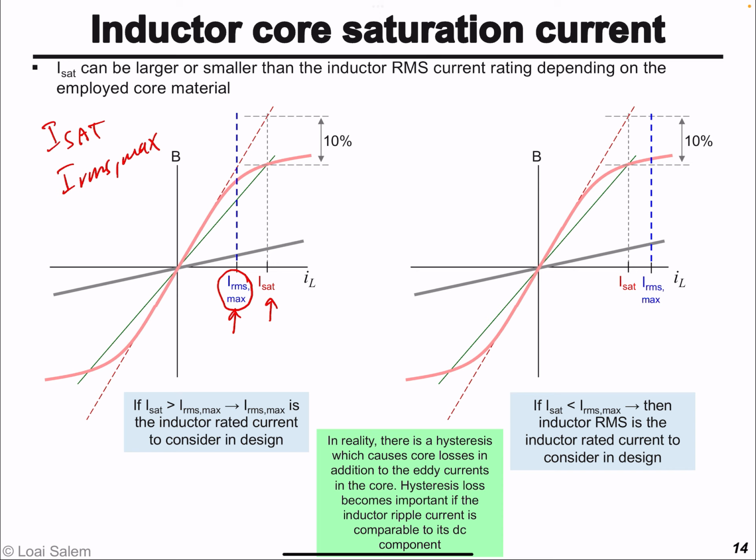In some other cases, you'll find that the saturation current happens before the RMS current rating. So in this case, the core saturation current defines the maximum current that this inductor can handle. Okay. So remember, we don't use both as a rating. We just select the smaller one as the maximum current that we should use. Saturation current is an absolute value. RMS current is an RMS value.